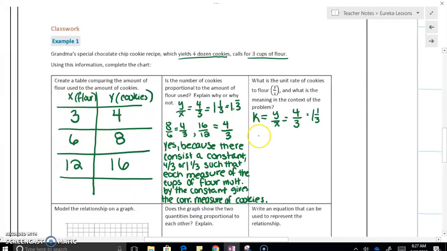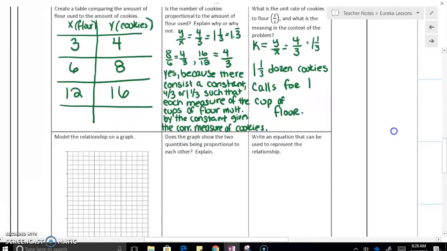So we can say in the context, in other words, the setting of the story, 1 1/3 dozen cookies, dozen calls for 1 cup of flour.